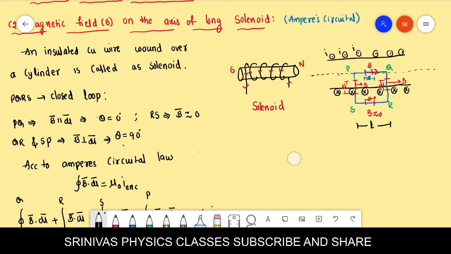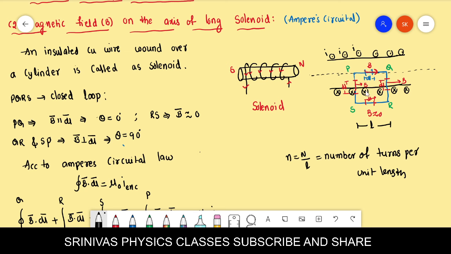Small n is equal to capital N by L, that is the number of turns per unit length. At that moment, what will capital N be?